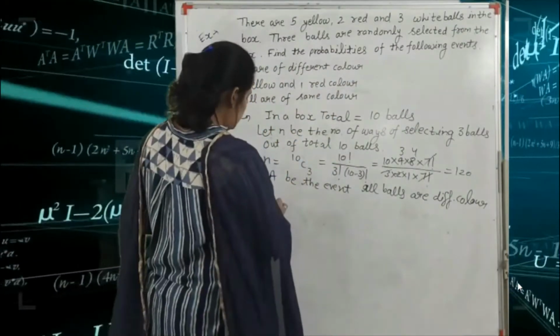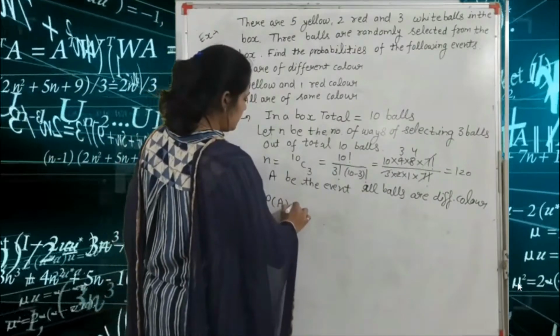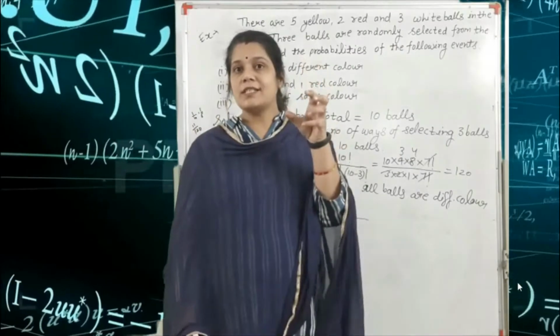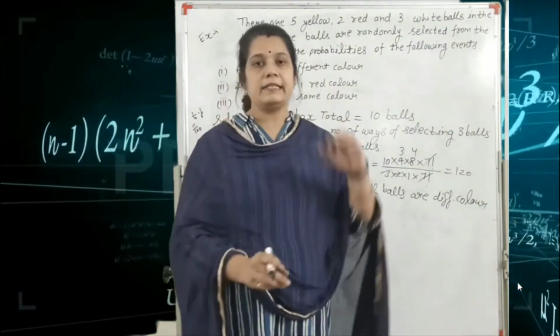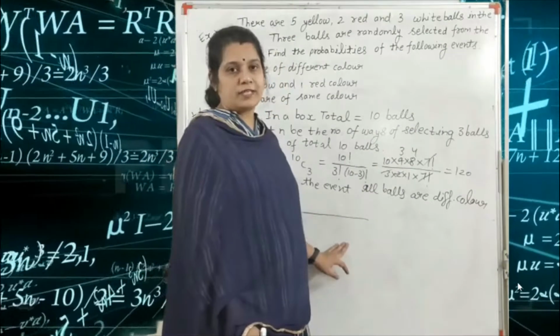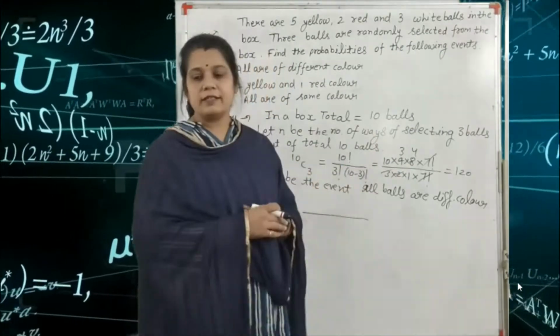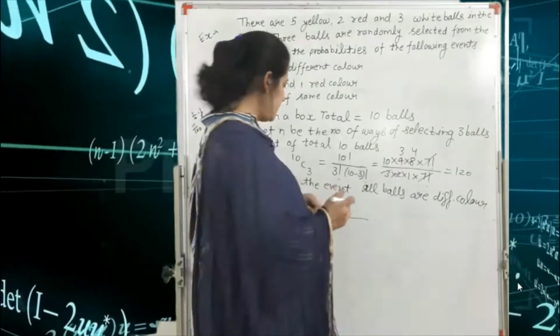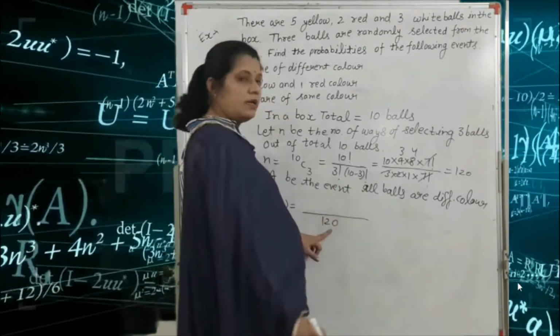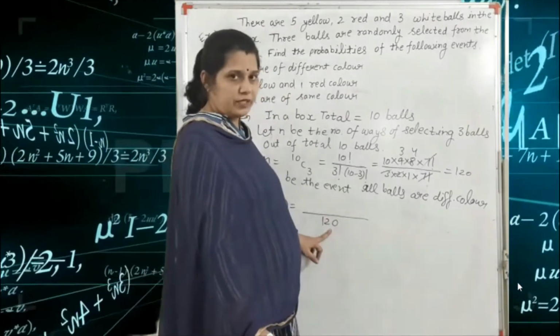So probability of A is equal to what? Total favorable events in the numerator, and total possible outcomes, or total exhaustive events, in the denominator. So in the denominator we write the total possible outcomes, 120.